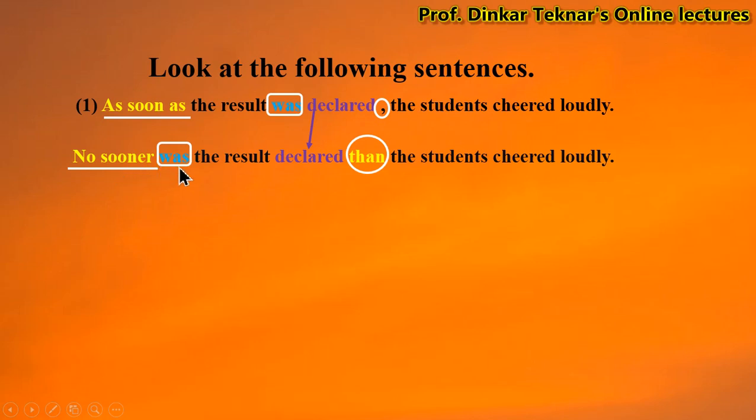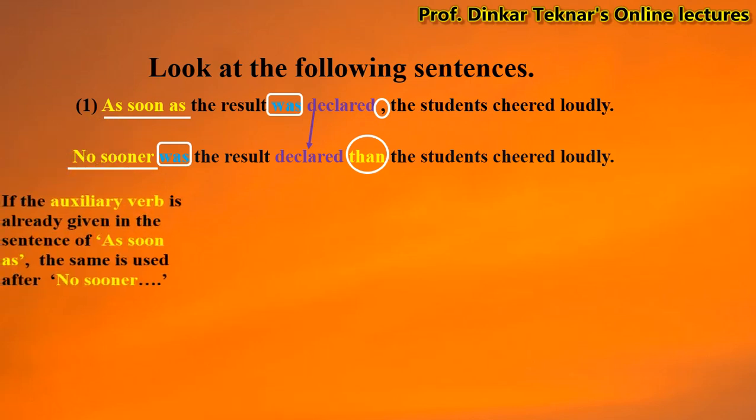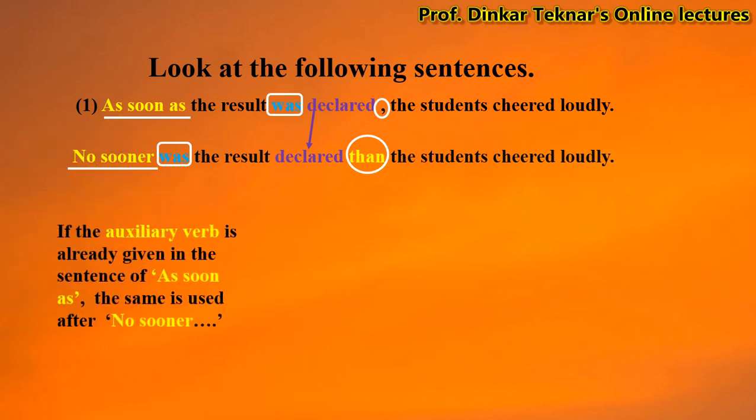So no sooner was the result declared. So the main verb doesn't change if we do not take do, does, did. And the rule is, if the auxiliary verb is already given in the sentence of as soon as, the same is used after no sooner.